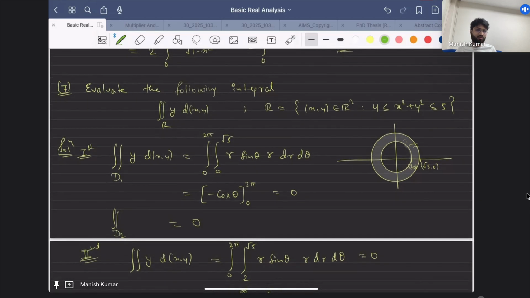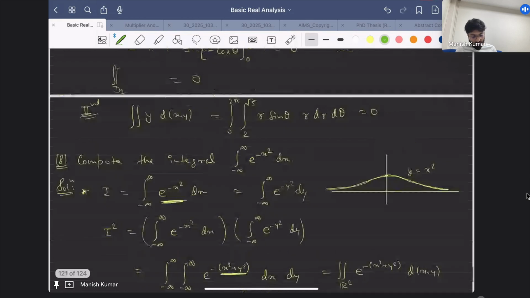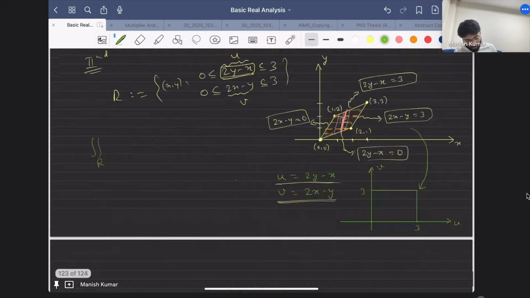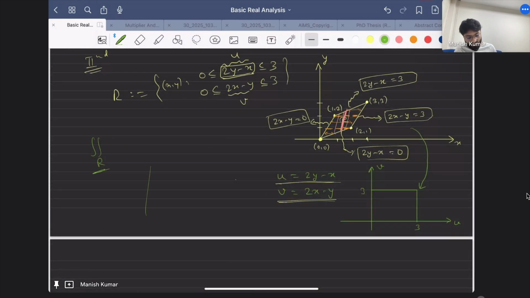When I'm trying to evaluate this integral, we say that x is varying from some constant to some constant, and y is varying from some function g(x) to some h(x). In this kind of domain only we are doing this double integral.